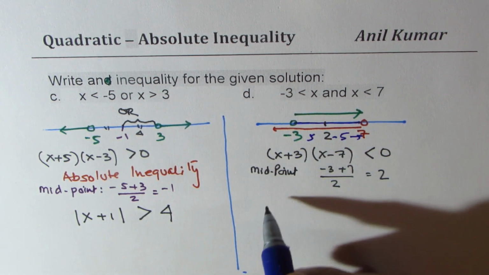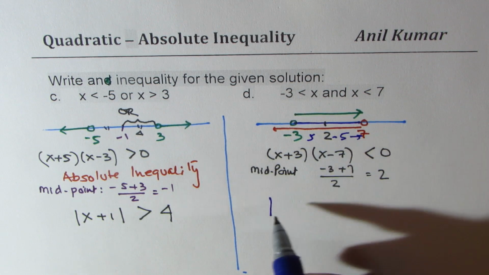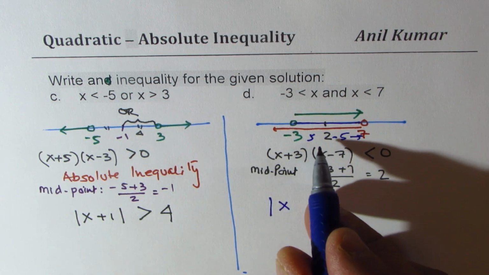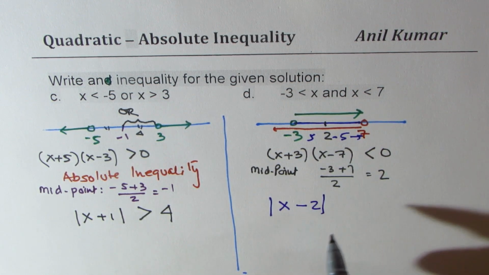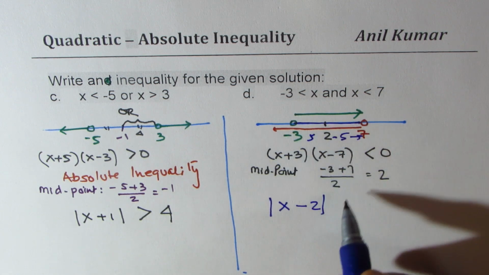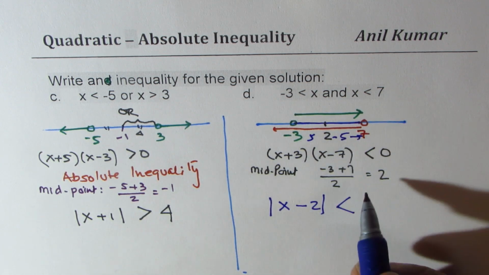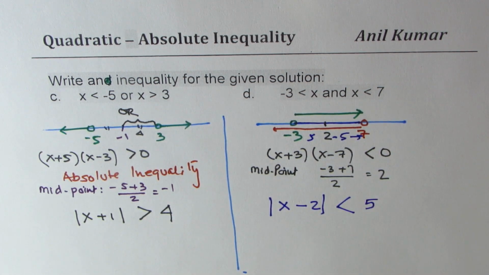So the inequality becomes, move the absolute function to 2 units right, and we are looking for something which is right in between, and it is 5 units away. So that is how we get our absolute inequality for the given solution.